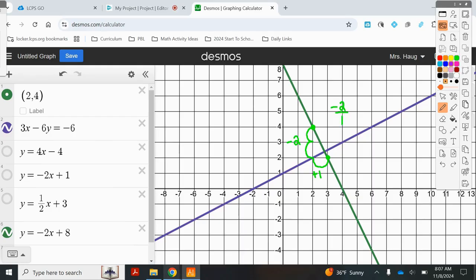Finding two nice points on our purple line, we have the y-intercept of 1 and the x-intercept of negative 2. We again count the rise, which will be plus 1 this time, over the run, which is positive 2. That slope is going to be 1 over 2. And as you see, between the two slopes, I did indeed flip it from 1/2 to 2 over 1 and switch the sign from positive to negative.